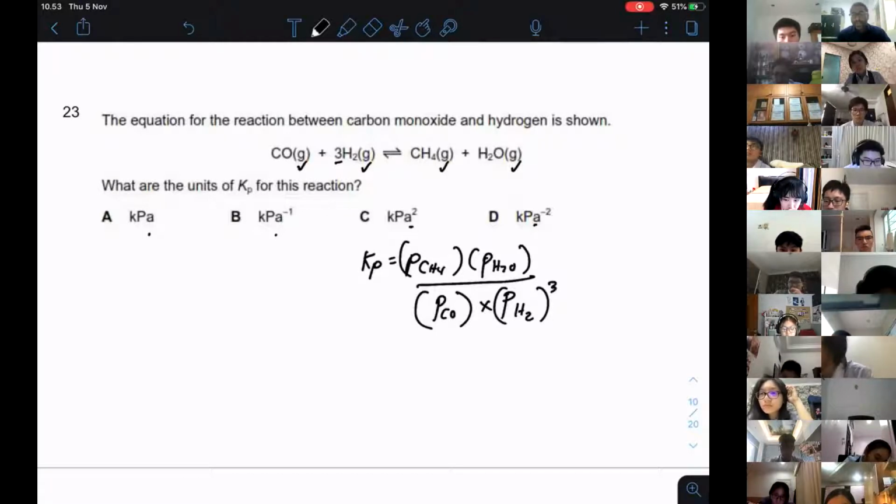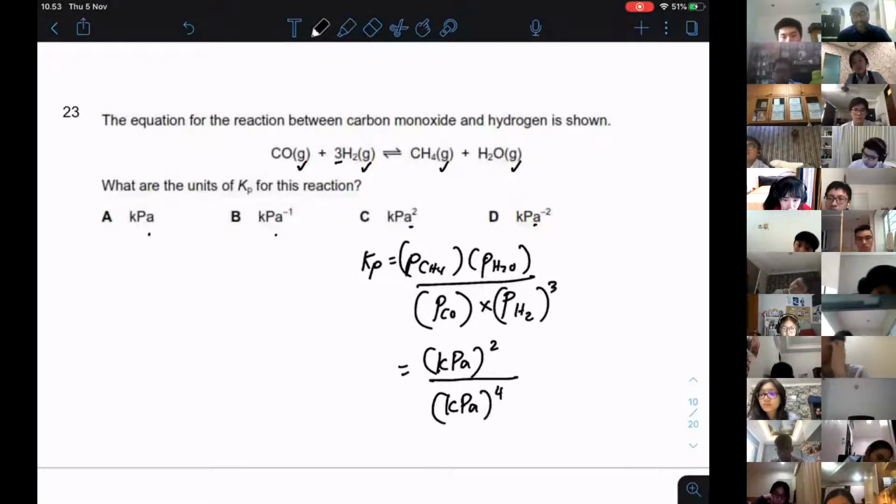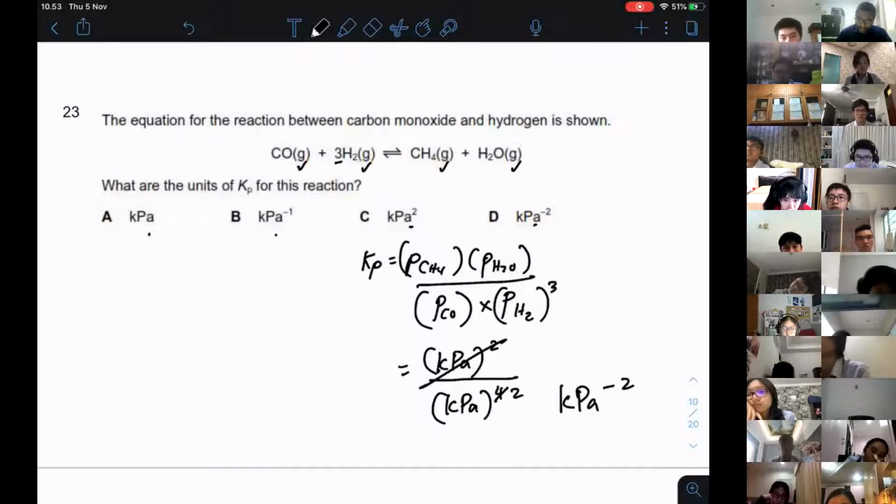And then they are asking for the unit. So if the unit here is kilopascal, kilopascal to the power of 2 divided by kilopascal to the power of 4. So you cancel, this is 2, so kPa to the negative 2 if you bring it up. Okay, so the answer is going to be D. Quite simple, right? Still level 1.